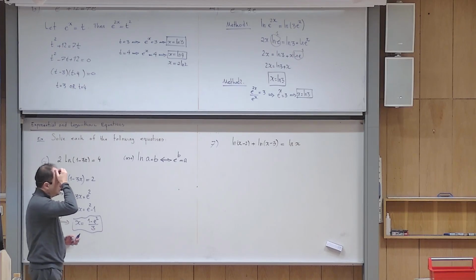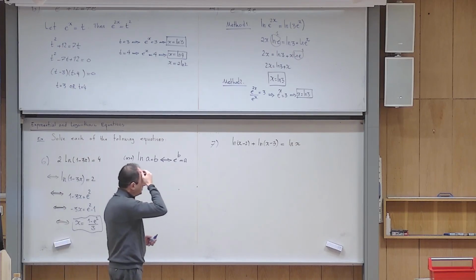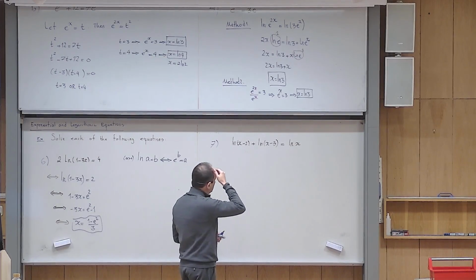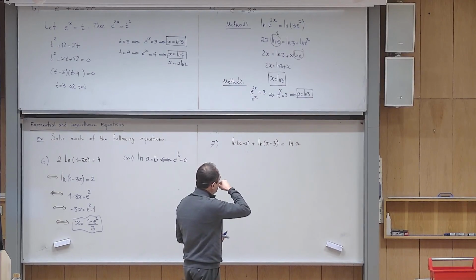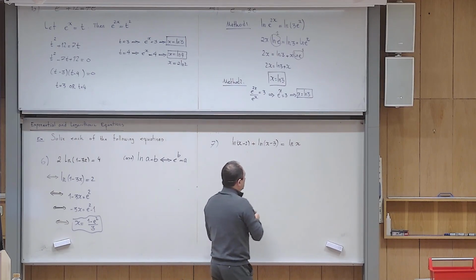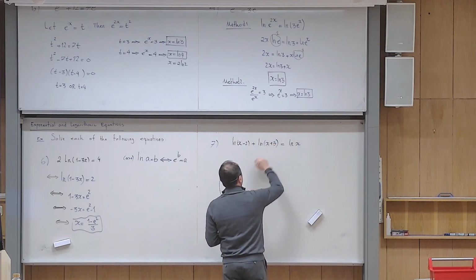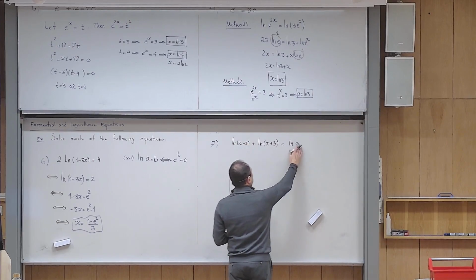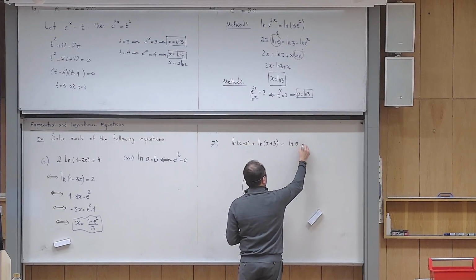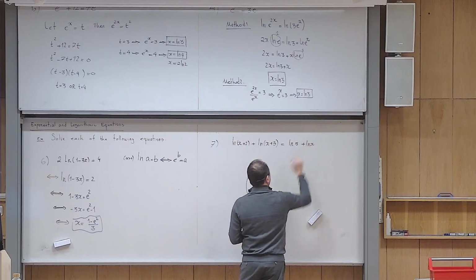Let me make this positive and this one positive, and let me make this one 5 plus ln of x.